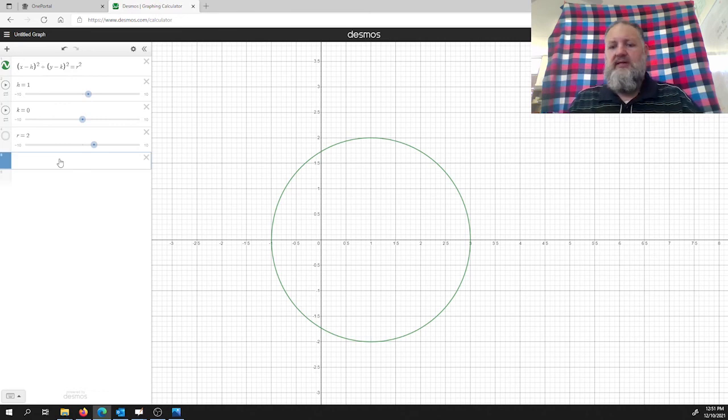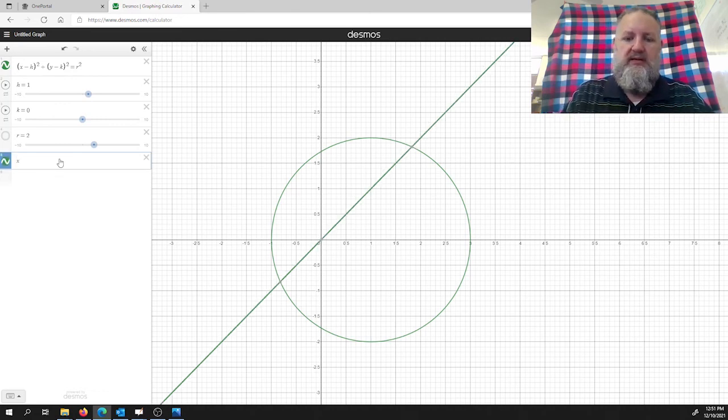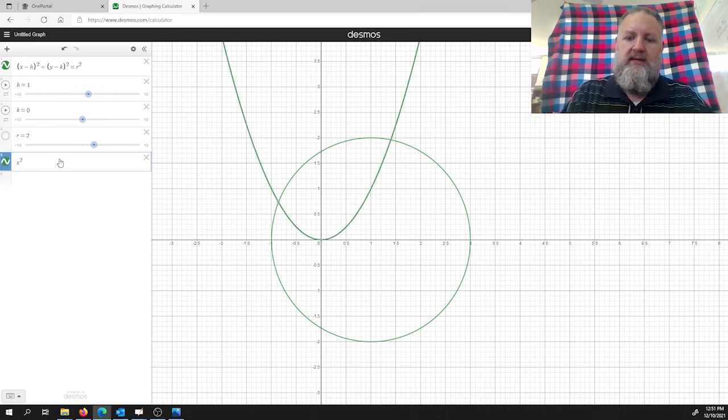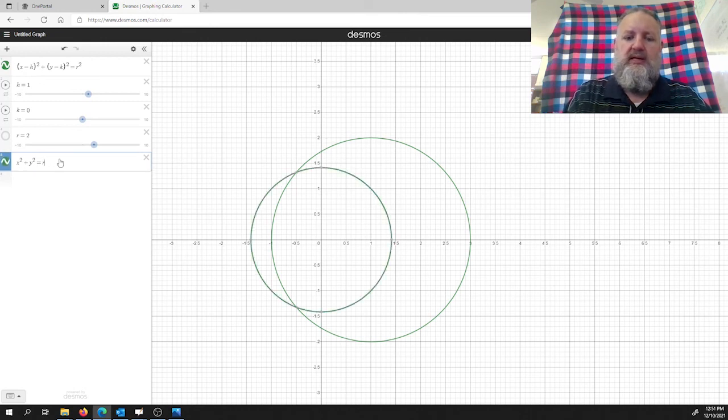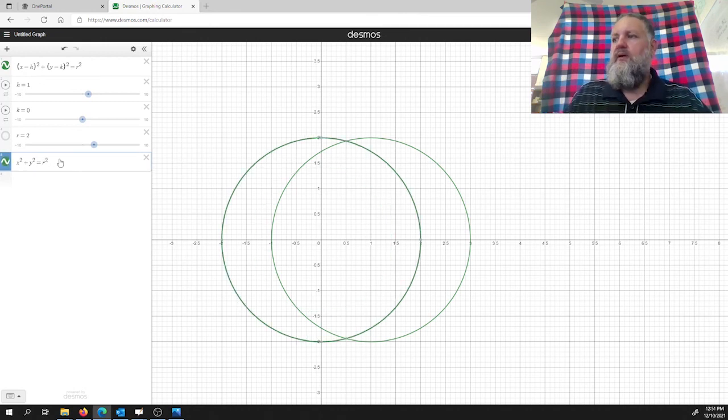But what about my initial one that I said? If I had x squared plus y squared equals lowercase r squared, well, we get a different kind of circle.